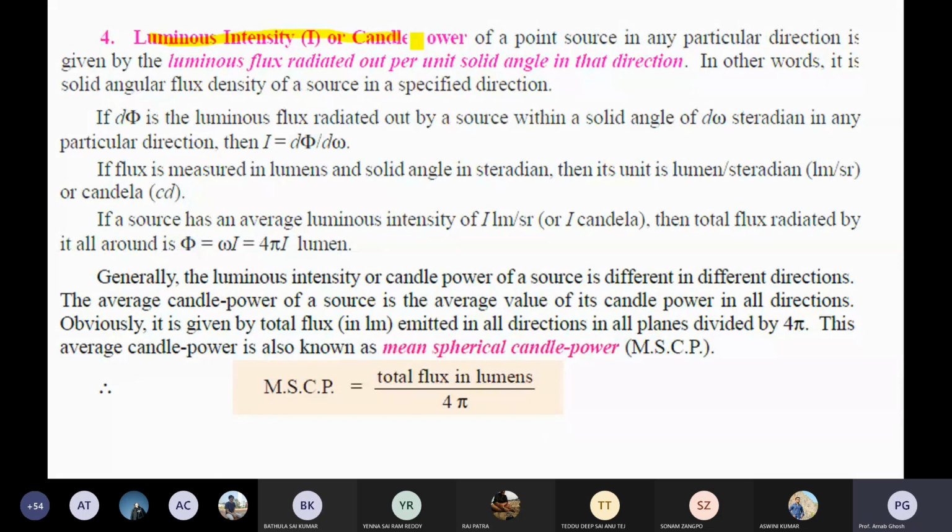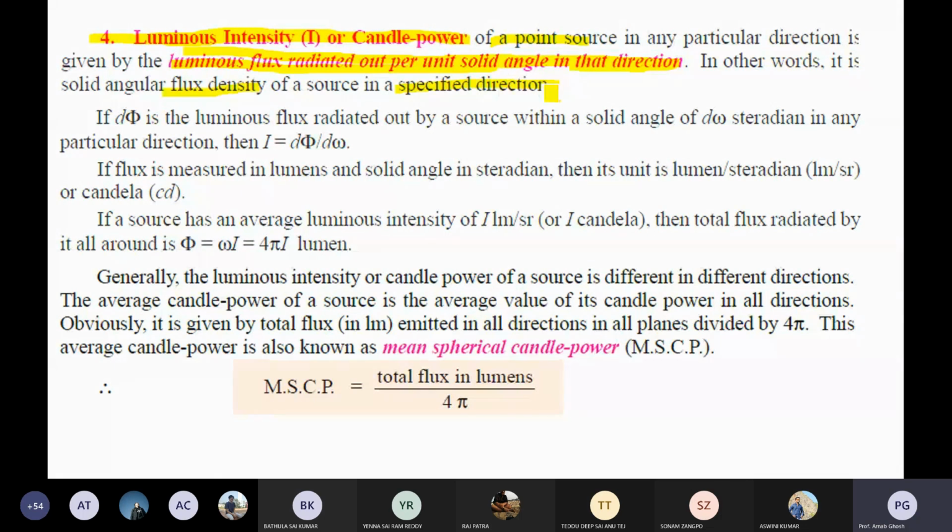So it is luminous flux per unit solid angle that you need to calculate in the same direction. The direction should not be changed. In other words, it is the solid angle flux density of the source in a specific direction.